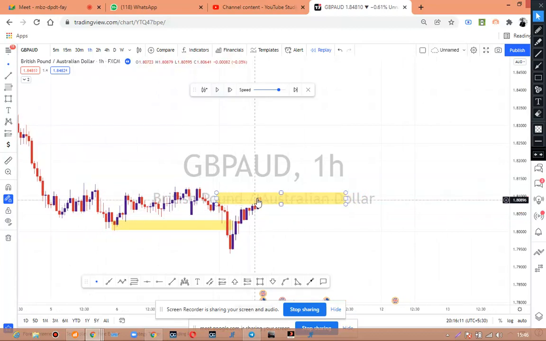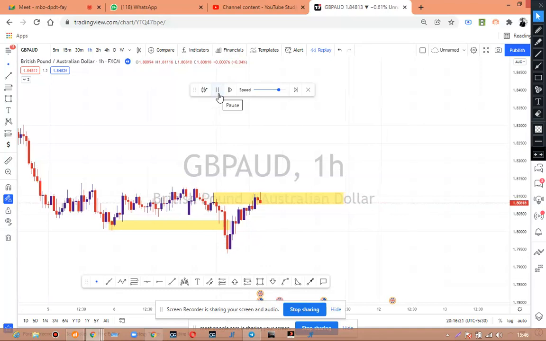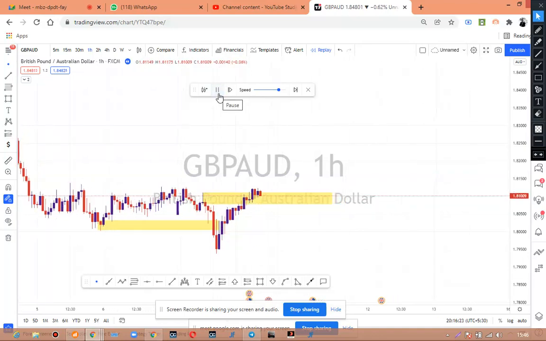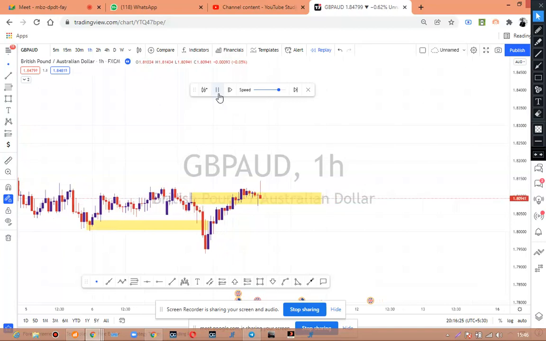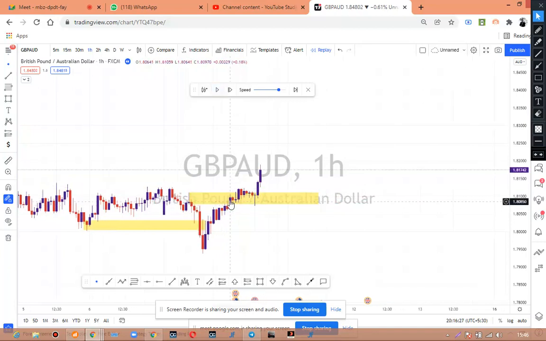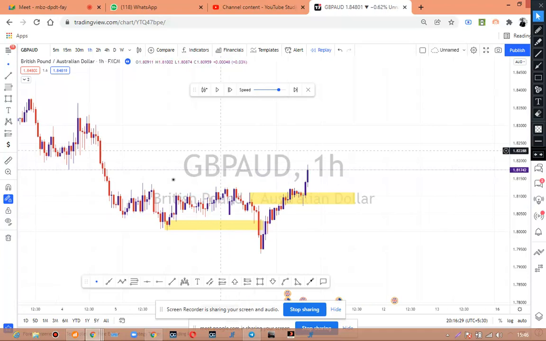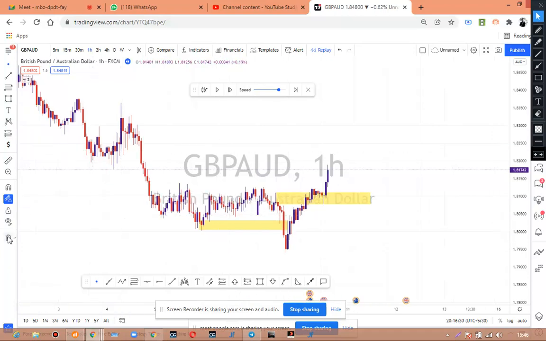Yes, you can see the price has touched the level. So now what we are expecting is a candlestick pattern to enter the trade. If there's no candlestick pattern, then we shouldn't enter the trade at all. Okay, see that the market is still ranging near the level. There's no candlestick pattern, so the buyers are still controlling the market.